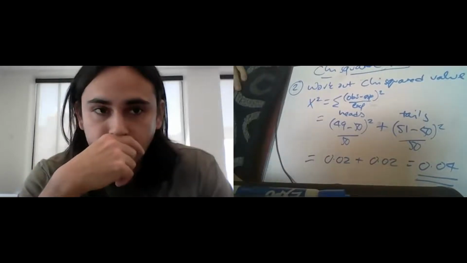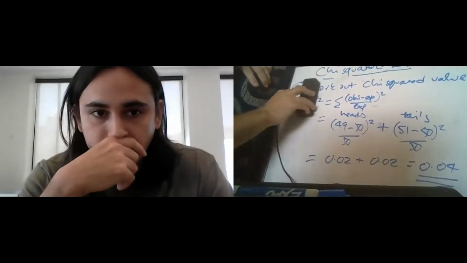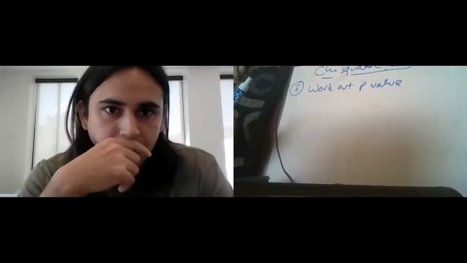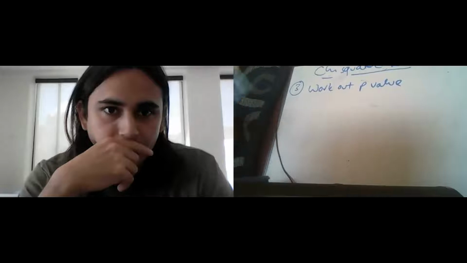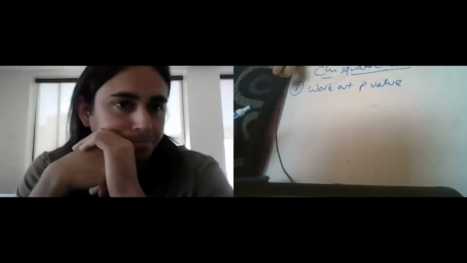Okay, so the third step of our 3-point plan to chi-squared success is to work out the p-value. And the reason for that is that the difference matters, whether it's important or not, depends on how many different conditions you have.